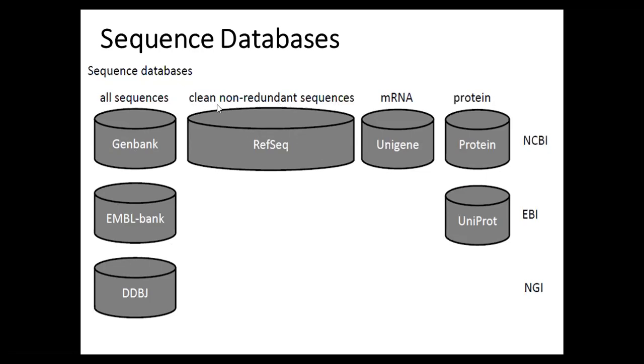Why do they clean and find non-redundant sequences? Mainly because in GenBank, any experimental scientist, even me, even you, can upload any sequence. So the clean and non-redundant sequences are filtered from GenBank and uploaded into a different database called Reference Sequence, which is available in NCBI.